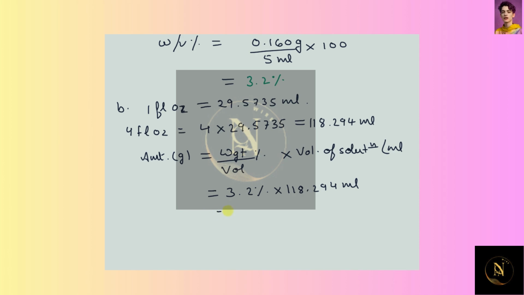So here it is equal to 0.3785 gram. This is the amount of acetaminophen present in the volume of 118.294 ml.